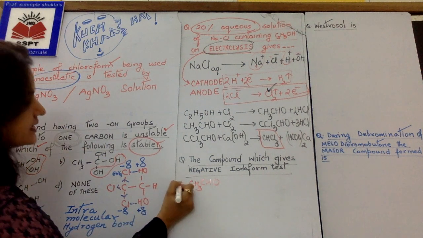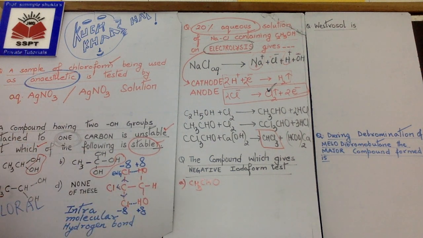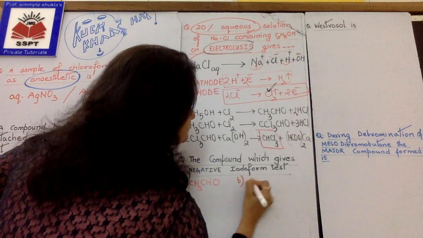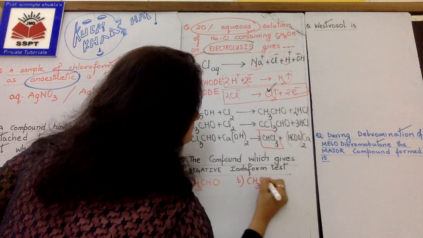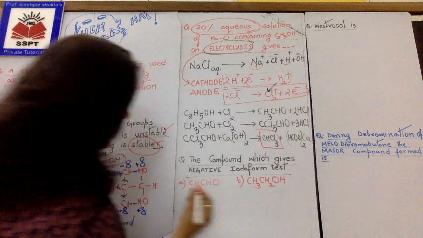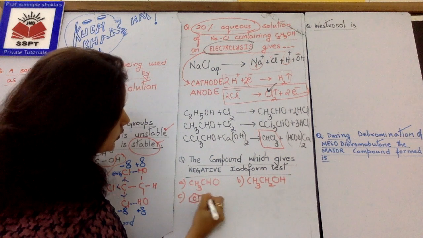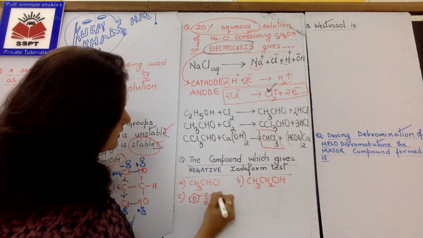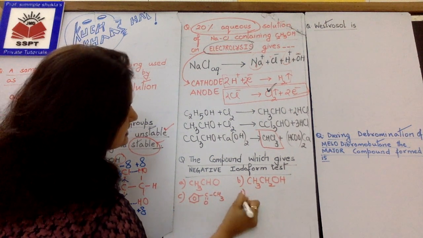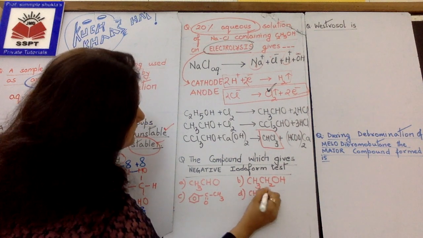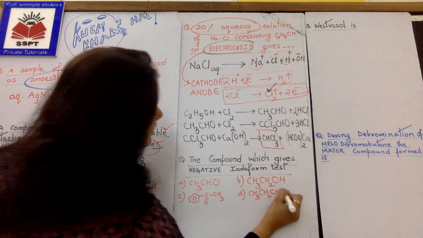Then the second molecule given in the book is ethanal. Then we have acetophenone. And then there is propan-1-ol.